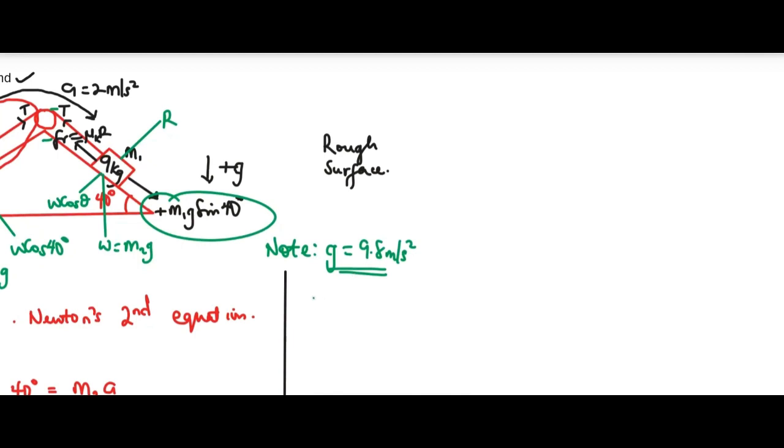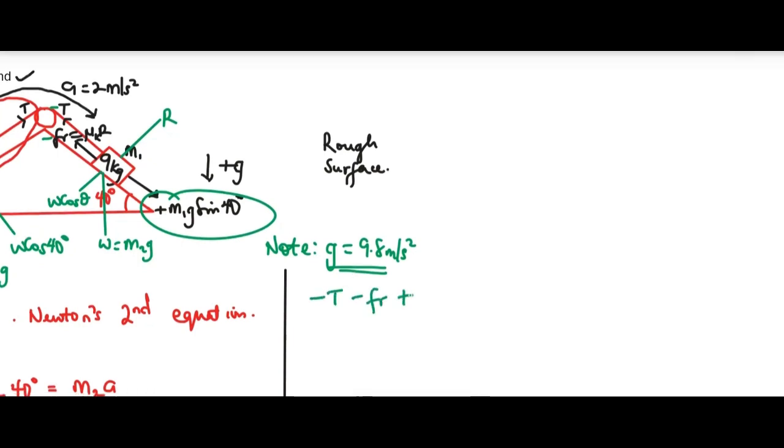So we have minus T minus Fr plus M1G sine 40 degrees equals M1A. So here we have minus T minus mu R plus M1G sine 40 degrees equals M1A.